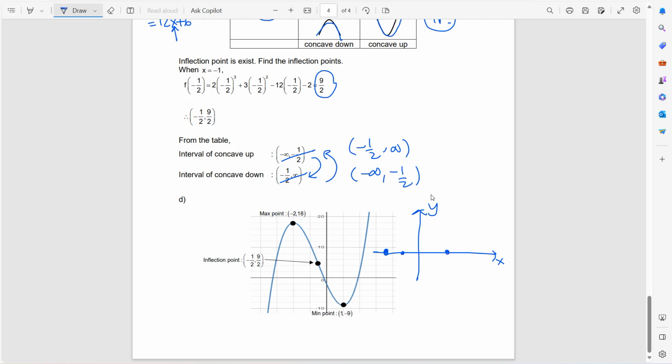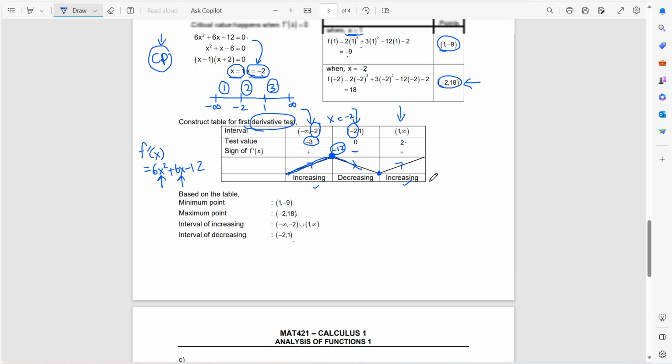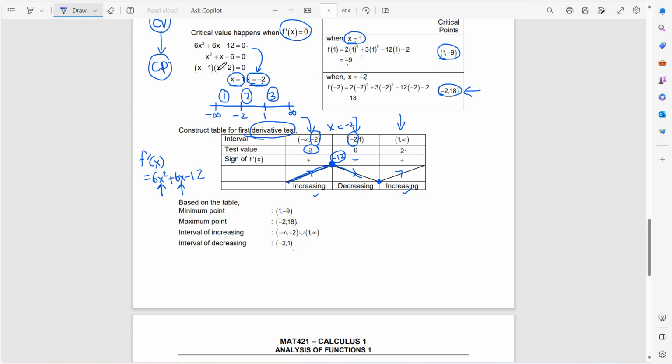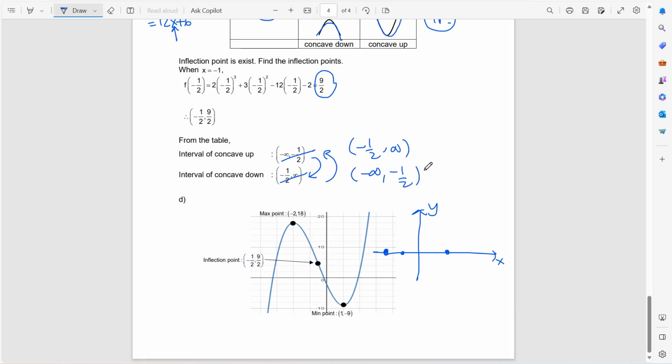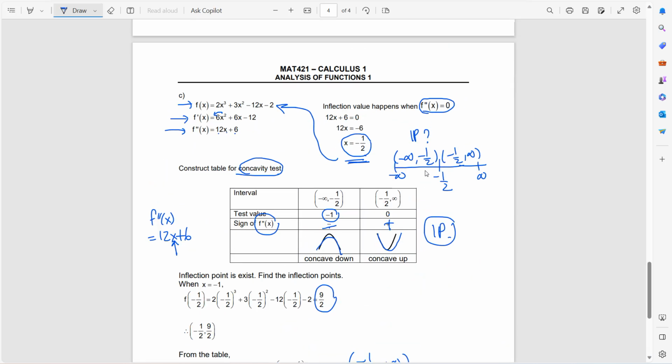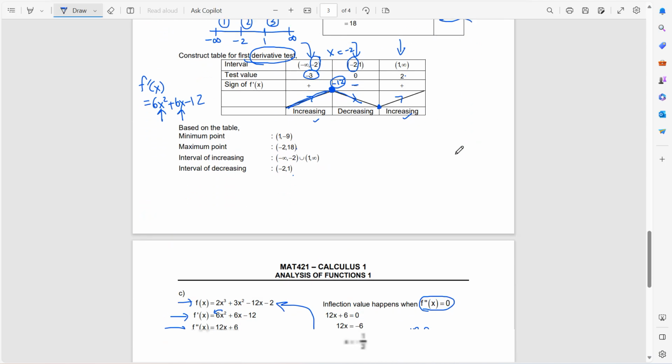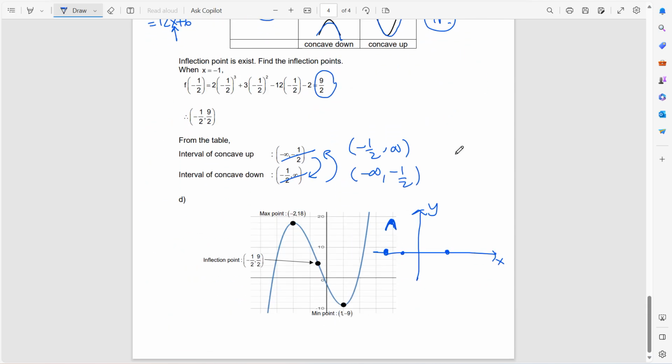From this part, we already know the maximum point is negative 2, 18. This point is negative 2, 18 here. And then our minimum point is 1, negative 9, so 1, negative 9 is this one.